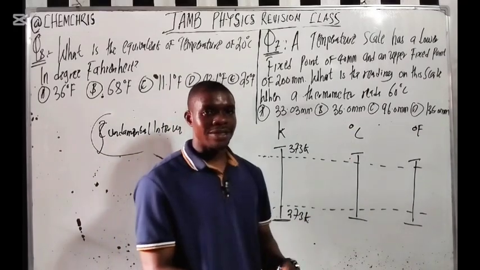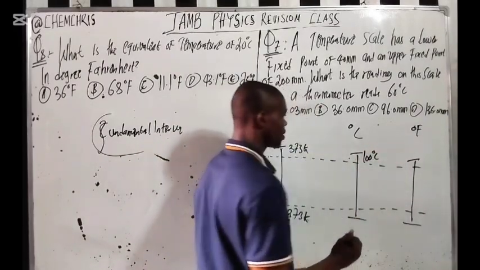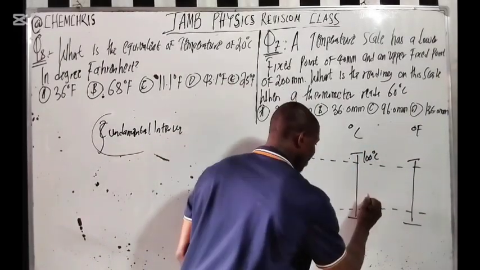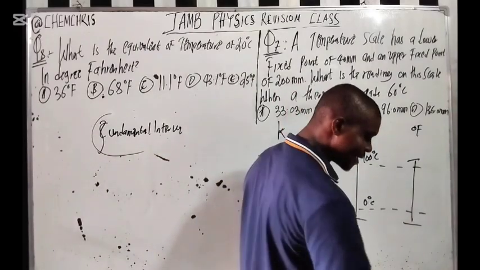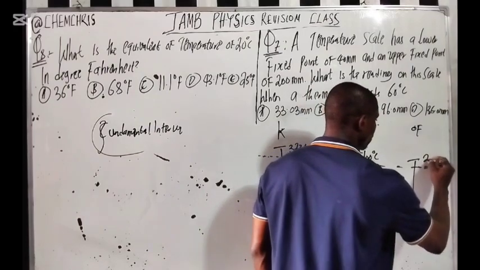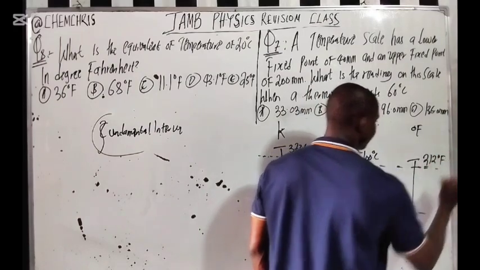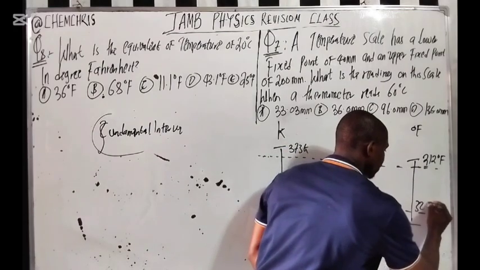Now for degree centigrade, the upper fixed point is 100 degrees centigrade, while the lower fixed point is 0 degrees centigrade. For the Fahrenheit scale, the upper fixed point is 212 degrees Fahrenheit, while the lower fixed point is 32 degrees Fahrenheit.